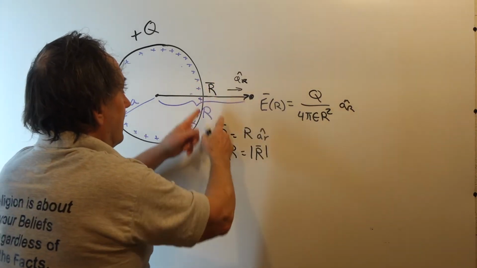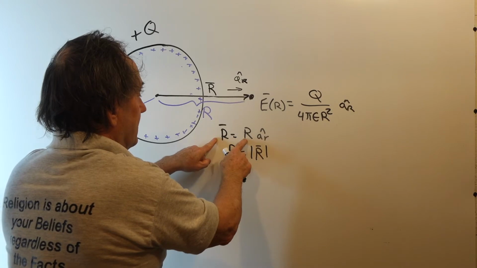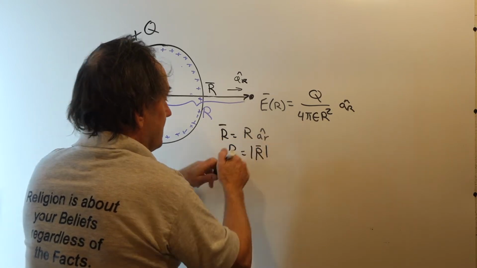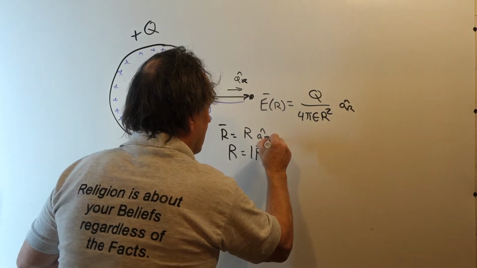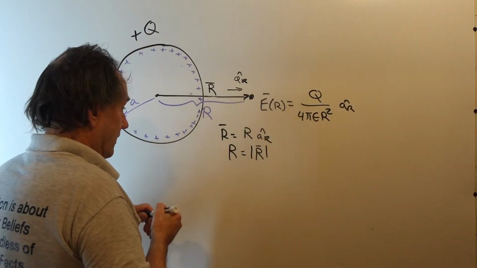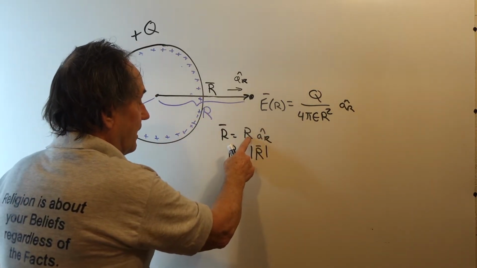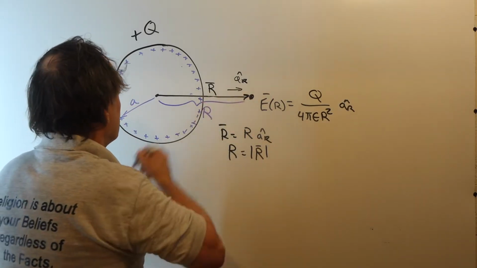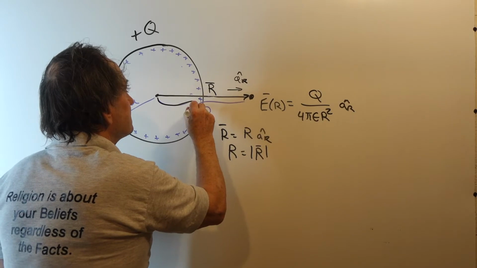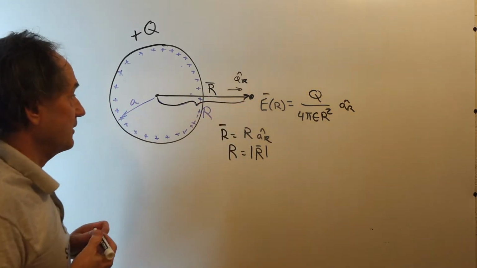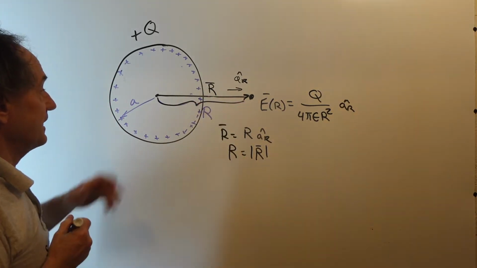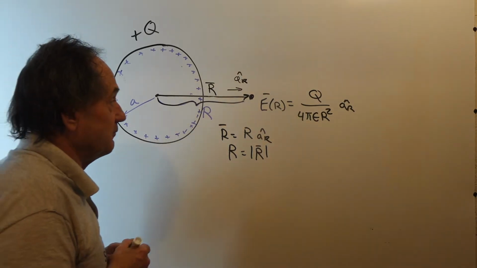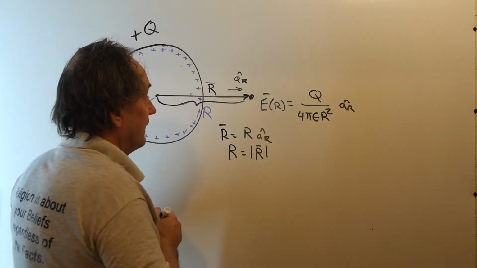So capital R vector can be written as capital R scalar times the unit vector a sub r, where the scalar R is just the magnitude of the position vector. That's this distance here from the center of the sphere of radius a out to a point in space where we want to know the electric field.